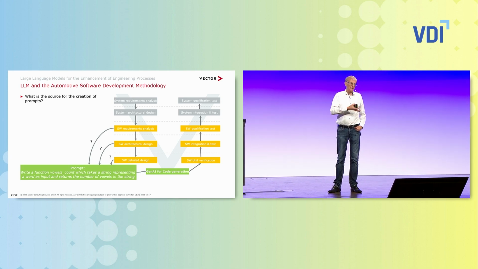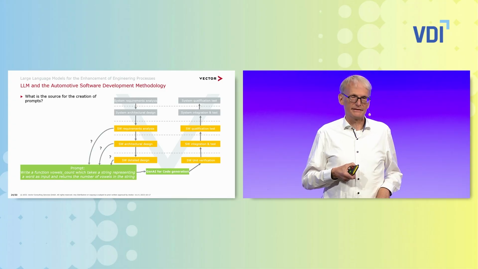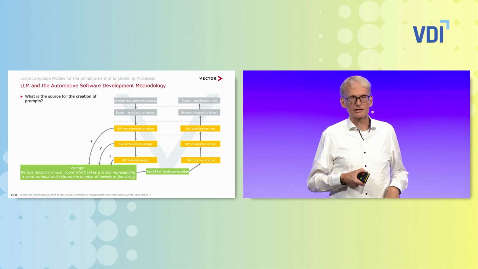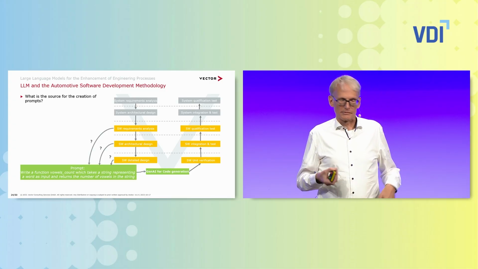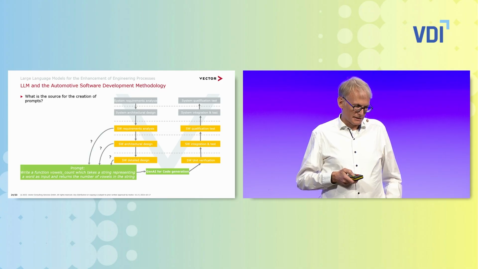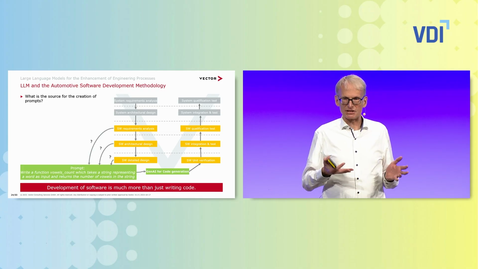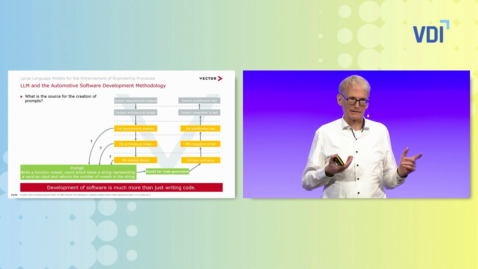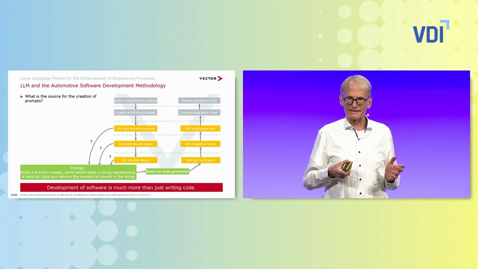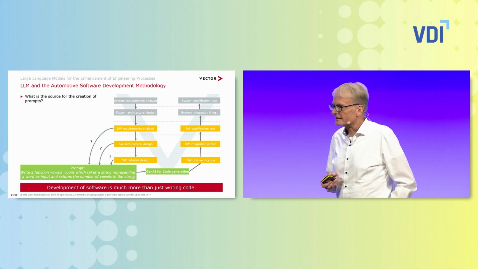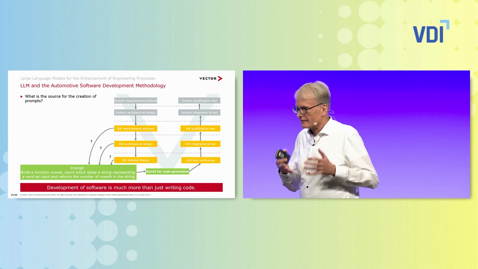And so how can we get the software requirements in it? How can we get the software architecture design in it? How can we do that? Because software development is much more than just writing one line of code. It's more. It's an integrated process. You bring things together.